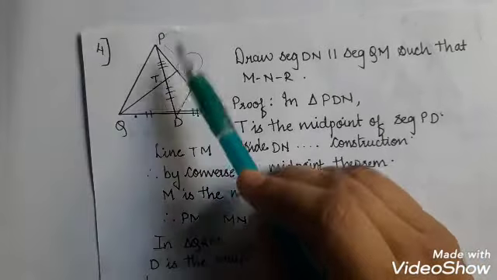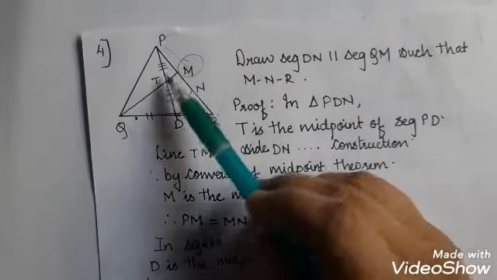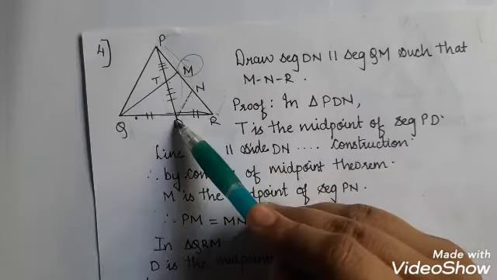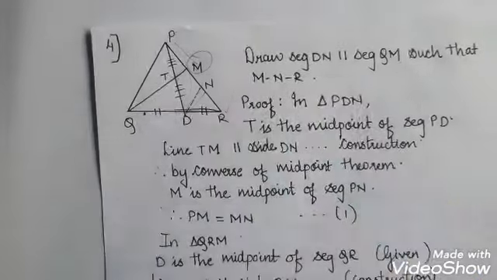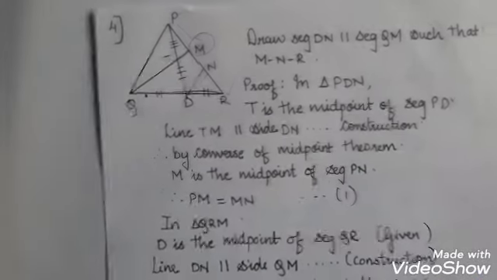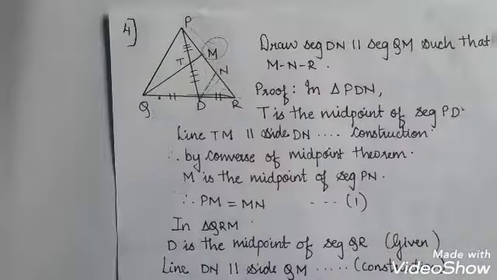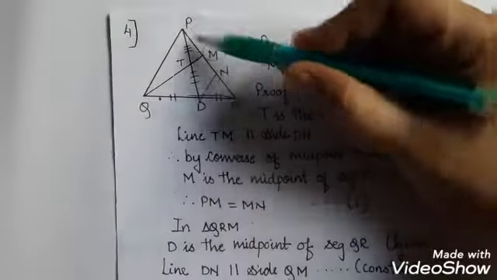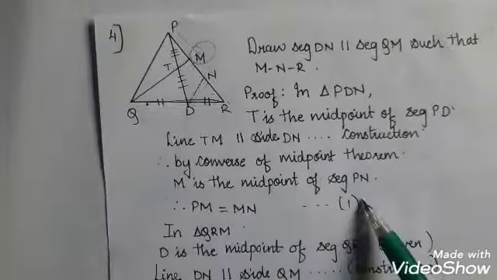Then I can say that line TM is parallel to line DN. That is by construction, TM parallel to DN. So by converse of midpoint theorem, I can say that M is a midpoint of PN. So PM is equal to MN. Equation 1.